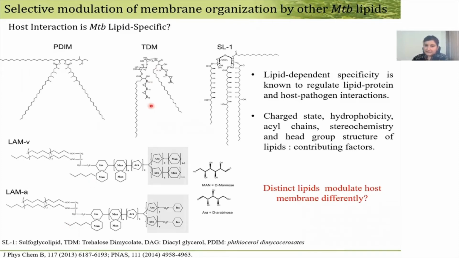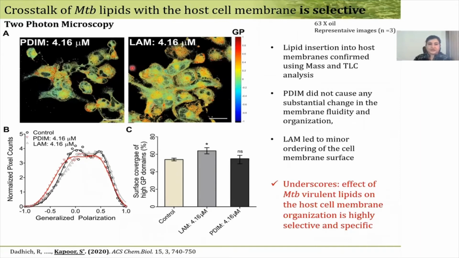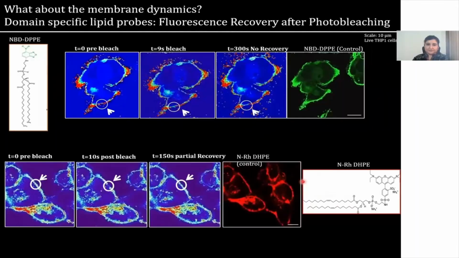So we applied the same method, and we were quite happy to see that this remodeling of the plasma membrane is very selective to the nature of the lipids we chose, wherein compared to sulfoglycolipid 1, other lipids such as PDIM and LAM were not able to show a similar fluidization or disordering of the plasma membrane. And that underscores that these Mtb virulent lipids, when they interact with the host cell membrane, have a selective effect on the remodeling of the plasma membrane.